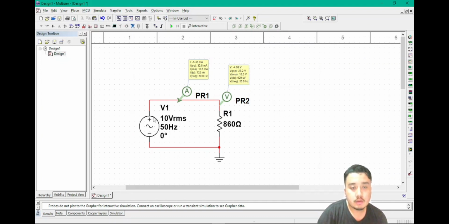First, what we need to do is set up all the components needed in the circuit, such as the AC voltage, the load, and also the ground. After we complete the circuit, we need to put the voltage measurement and also current measurement to get the answer. Then after we complete, we can run the circuit to get the result.